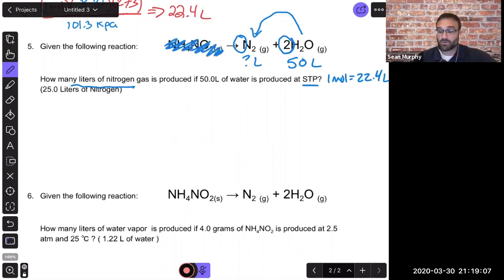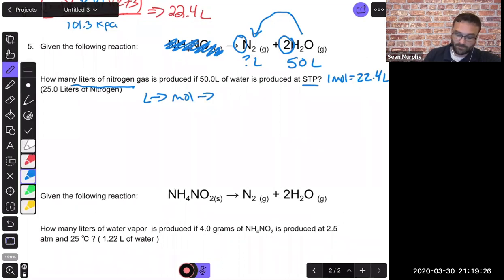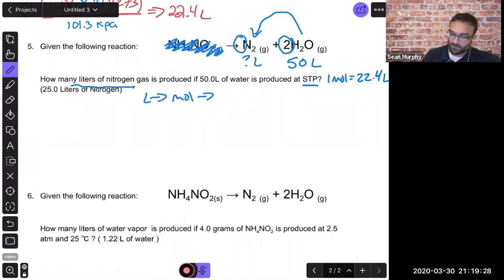So essentially what we're going to do is we're going to start with a molecule. We're going to do some mole-to-mole conversions, and then we're going to end in liters. Okay? So we have liters, moles, and then we're going to make the handoff. Mole-to-mole ratio, and then we're going to end in liters. And that's it. Okay?